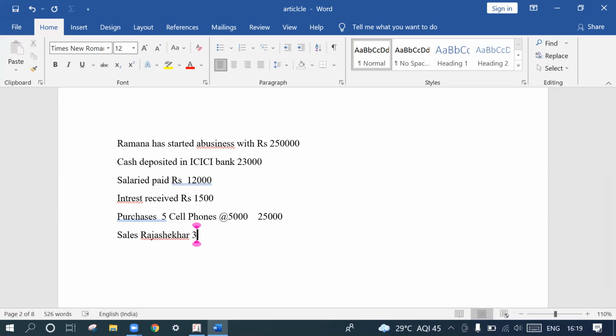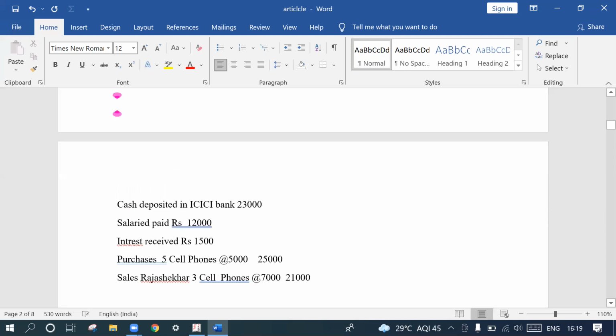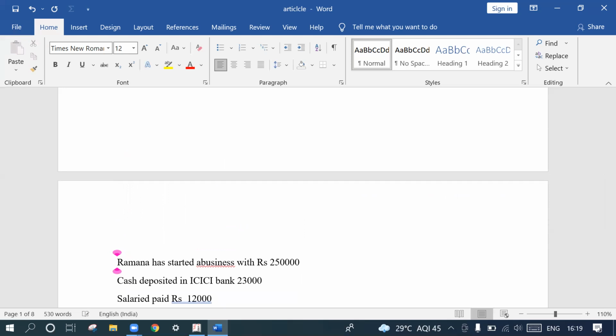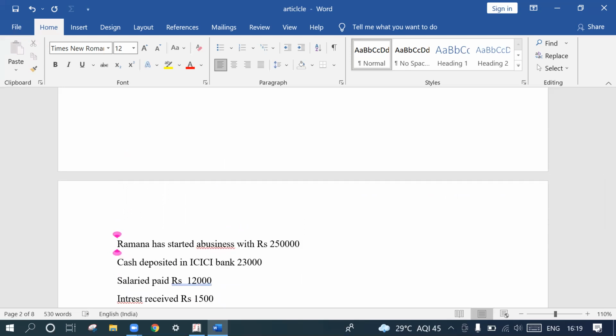So 3 cell phones at the rate 7,000 each is equal to 21,000 is the sales. So this is the problem. See again, once again. Yes, this is a different problem.